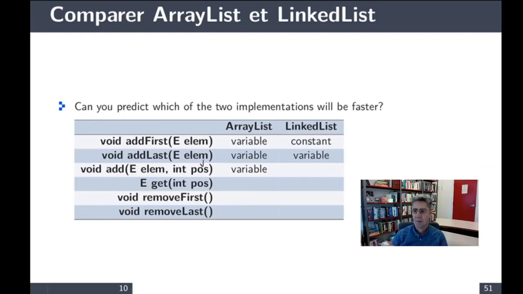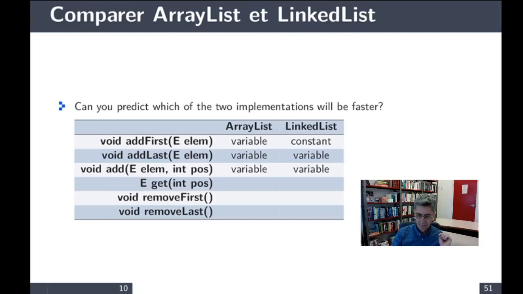We have to move them towards the right, towards the higher index of this array, in order to insert the element. For the linked implementation, similarly, the time that it takes is variable because we have to traverse the list all the way to the insertion point.